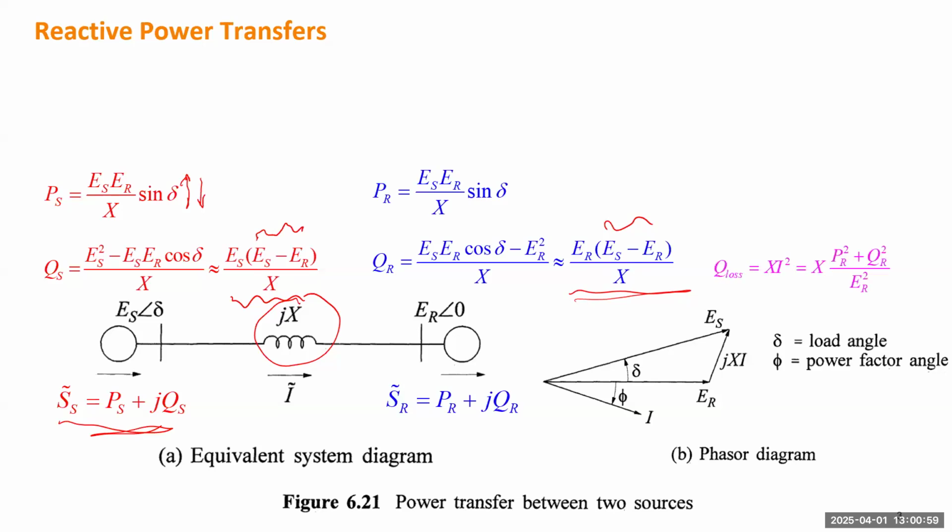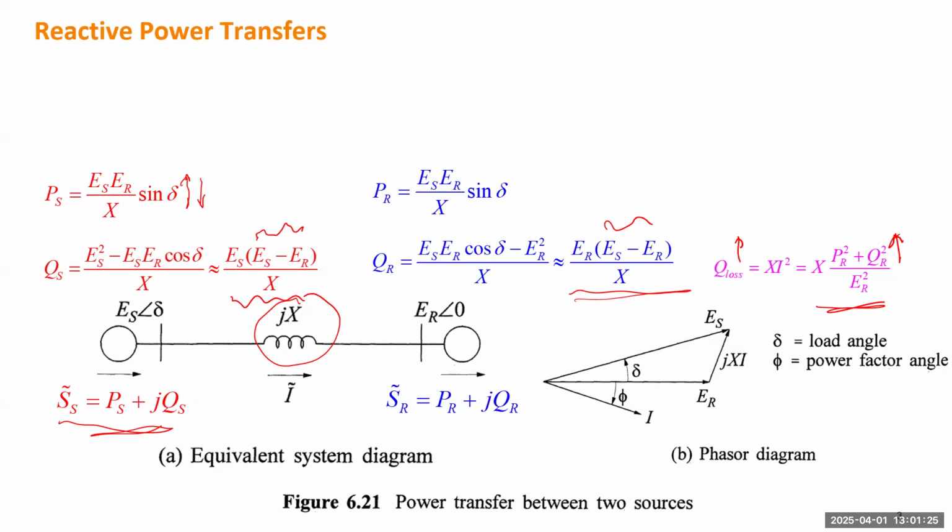The loss of reactive power will be basically the reactance multiplied by the current magnitude squared. Because current depends on P, Q and the voltage, if you increase the reactive power delivered through the transmission line, this loss will also increase.